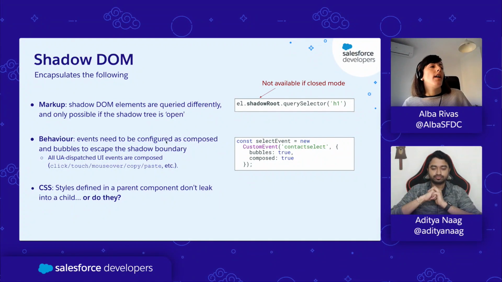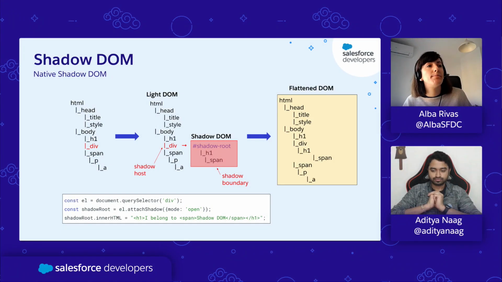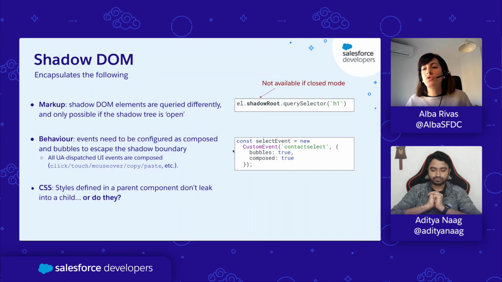Okay. Then the second way that we're going to encapsulate them is regarding the behavior. Why? Because the events that you fire from the inner elements of your component are not going to escape the shadow boundary, this boundary that we defined here, unless you want them to do so. That's something that you can control as a developer.